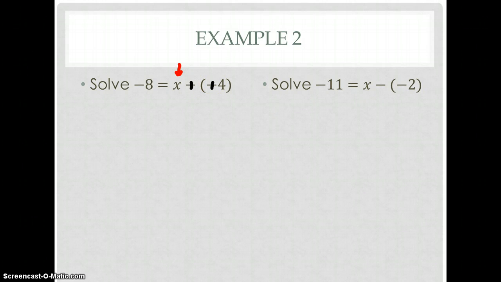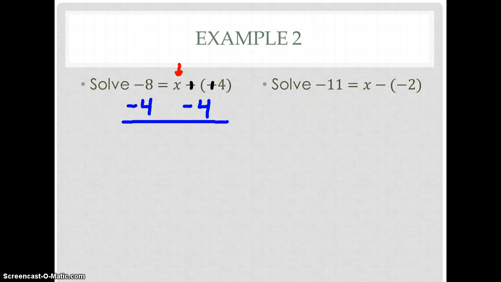Okay, taking away a negative is the same as adding a positive. From here, this equation is the same as the two that we just did. I have x plus 4. The inverse of adding 4 is subtracting 4. I will subtract 4 from both sides.